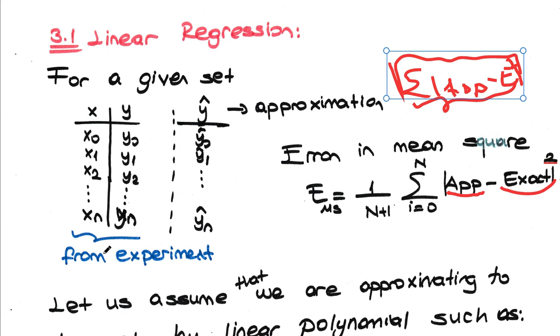You are conducting an experiment, and you obtain some data set, where your x0 point corresponds to y0. For this reason, we consider experimental data instead of exact. You may say experimental data minus approximated data, like this one.